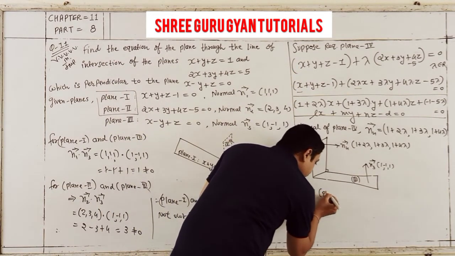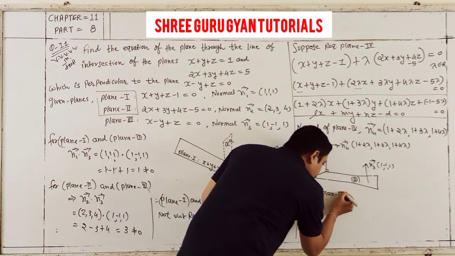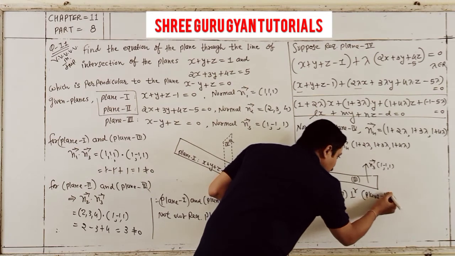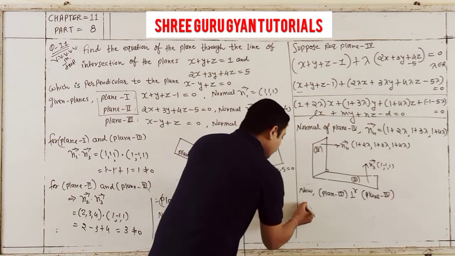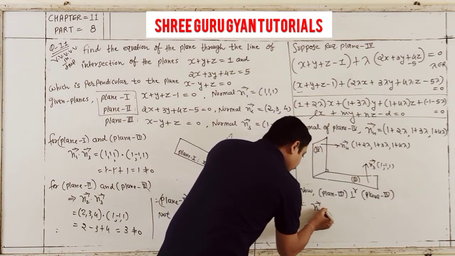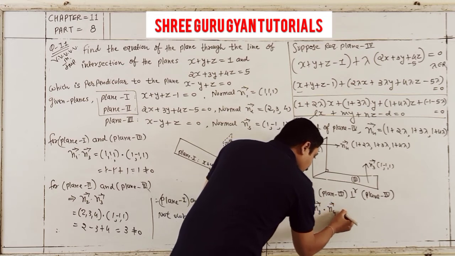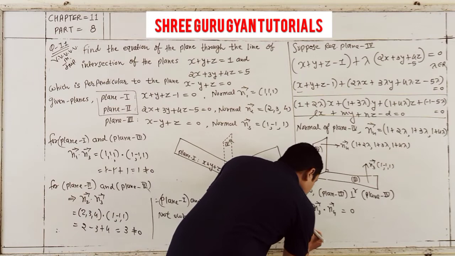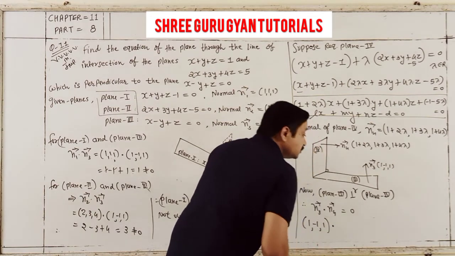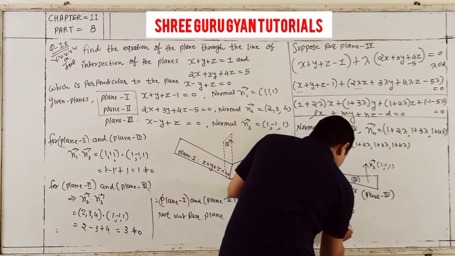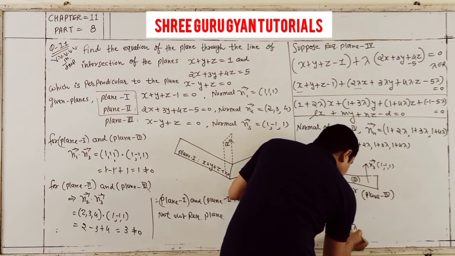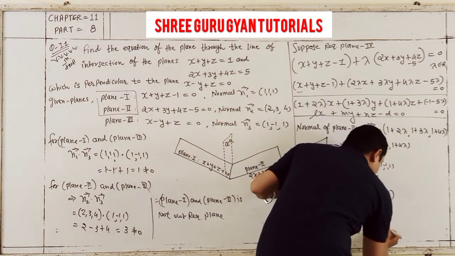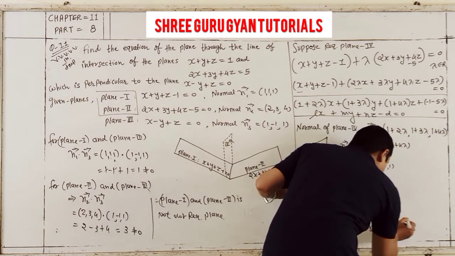Now plane 3 is perpendicular to plane 4, therefore n3 dot n4 is 0. What's your n3, students? 1 minus 1 1, dot n4, 1 plus 2 lambda, comma 1 plus 3 lambda, comma 1 plus 4 lambda, is equal to 0.